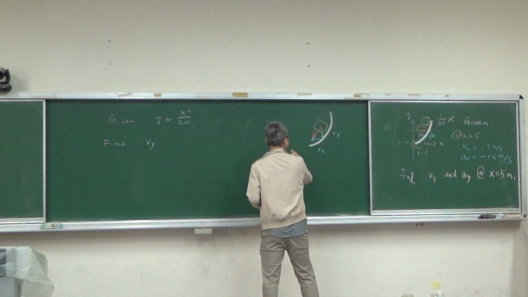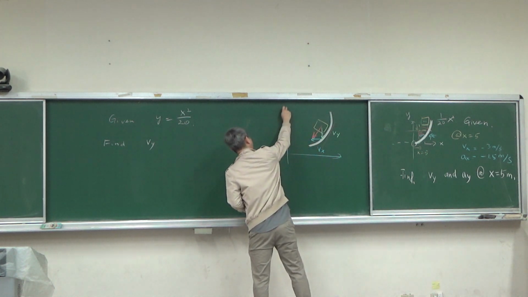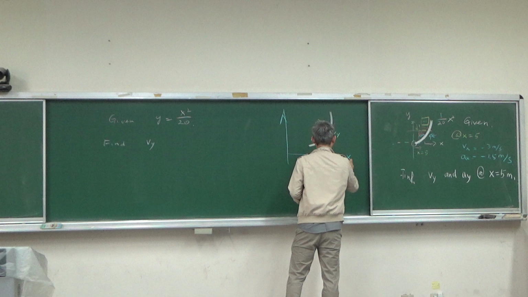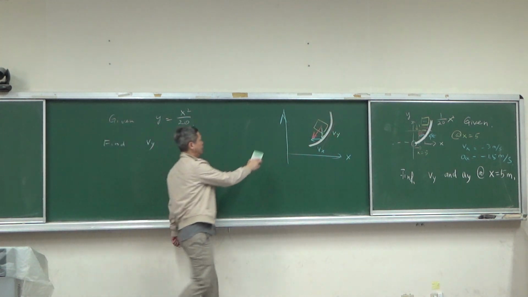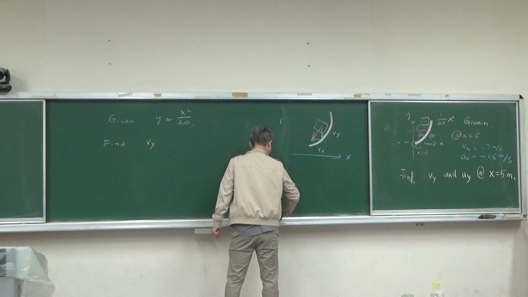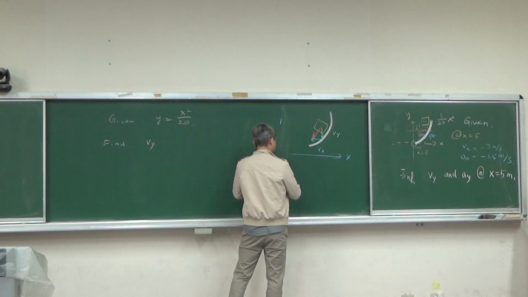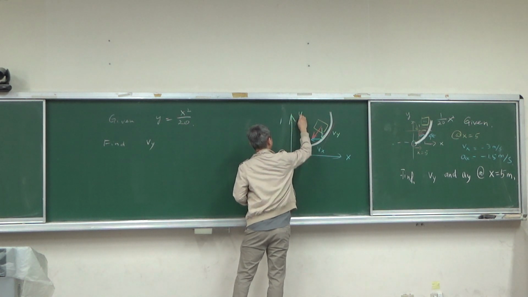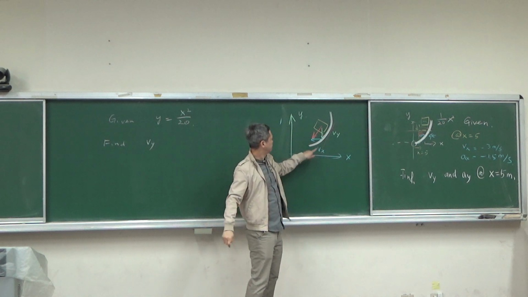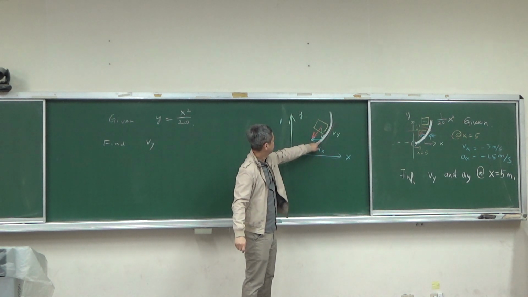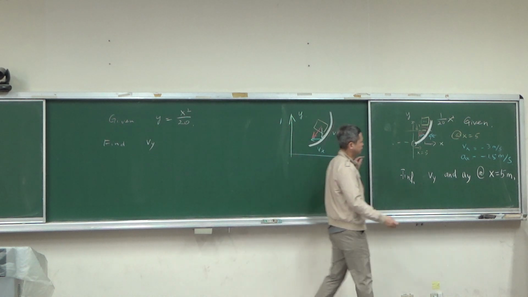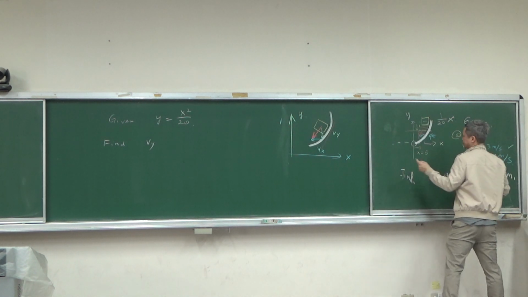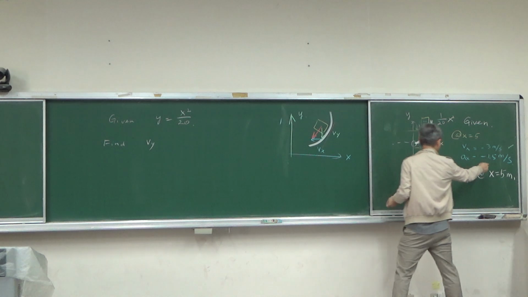In the definition here, this is the x in the positive direction, and then this one, let's draw in a different color, is the y in the positive direction. Because the Vx is coming toward the opposite direction, you have a negative Vx and negative Ax.